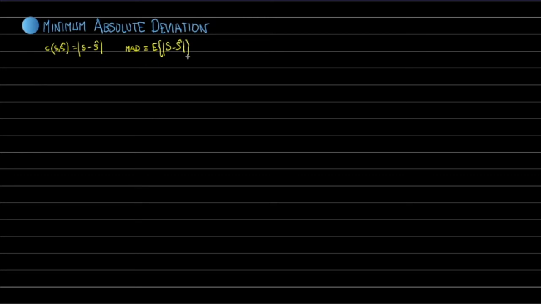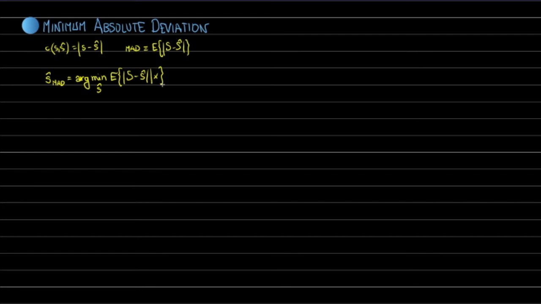So we know that the estimator minimizing the risk is given by the general solution. We will call it SMAD, and it will be given by the value minimizing with respect to S hat the expected value of the absolute difference between S and S hat given X.